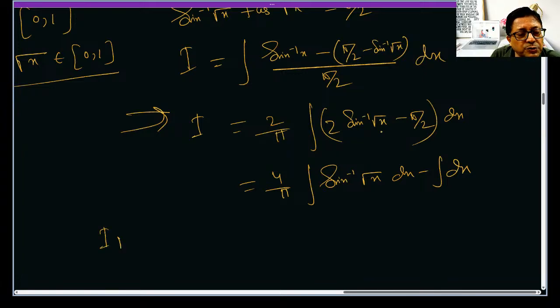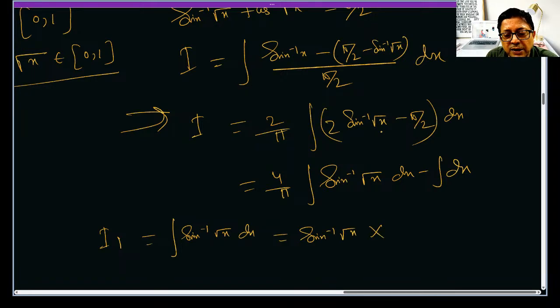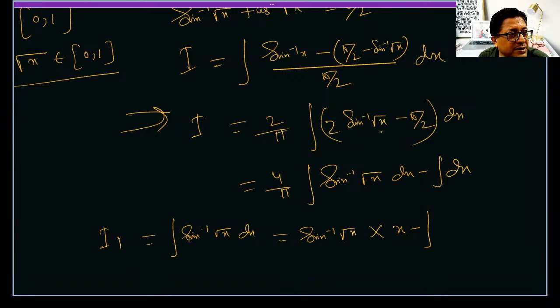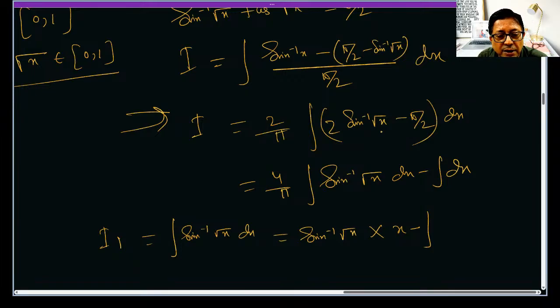Let I1 equal to integration of sin inverse root x dx. This you can do by parts. Sin inverse root x first, dx integration is x, minus the derivative of this thing. Sin inverse x derivative is 1 by root 1 minus x square, so 1 by root into the derivative of root x, half x to the power minus half, dx.